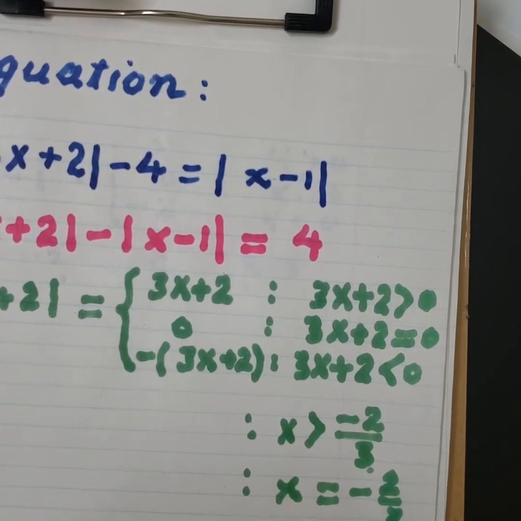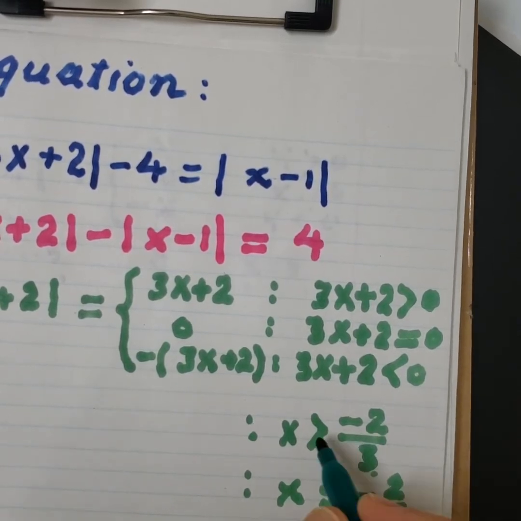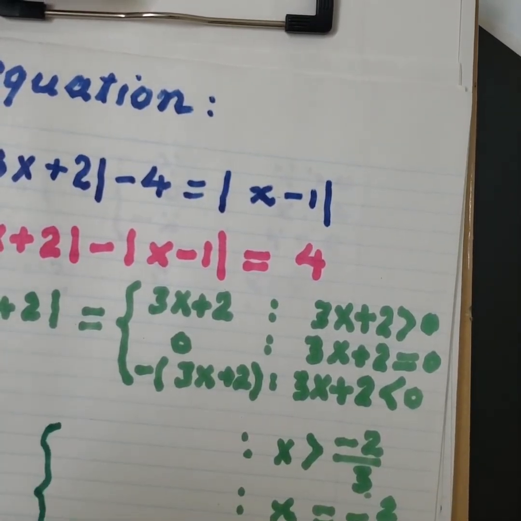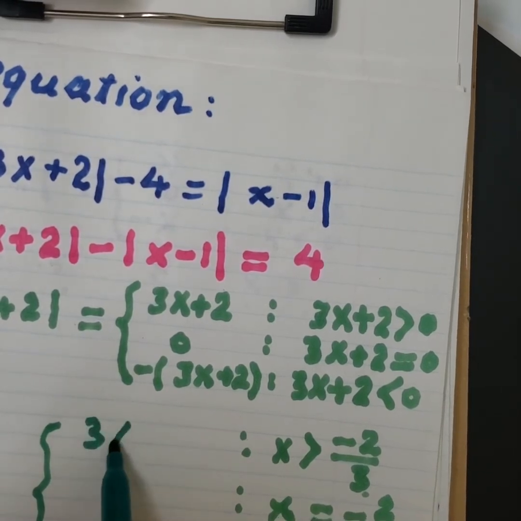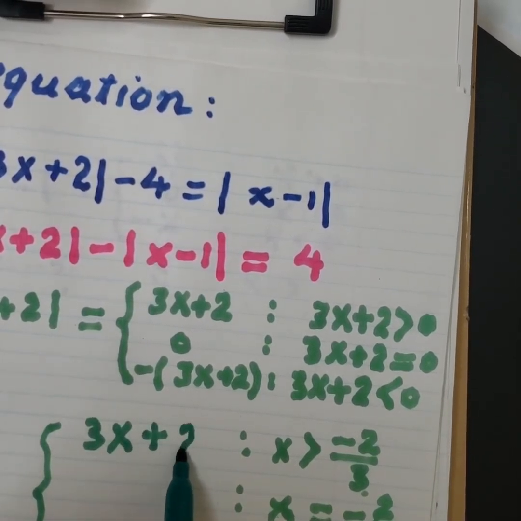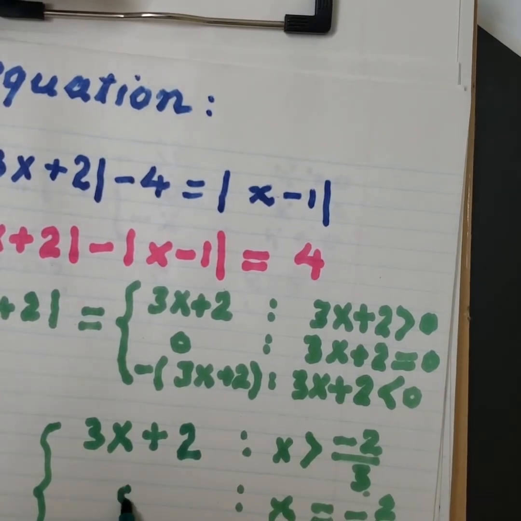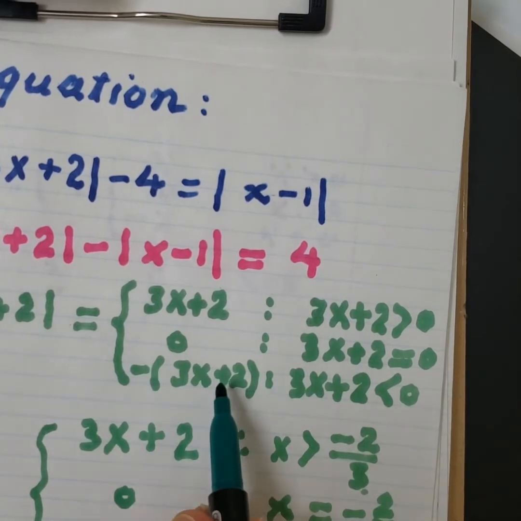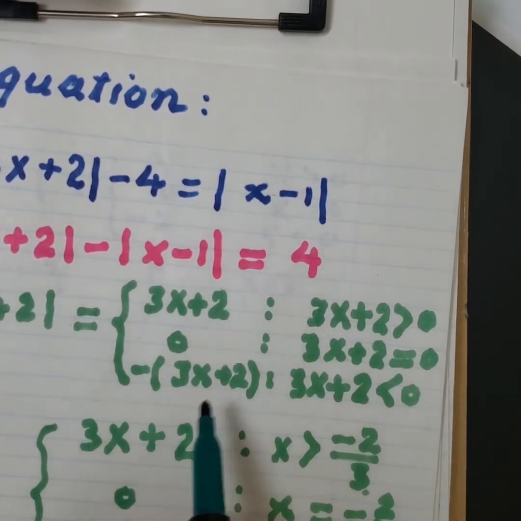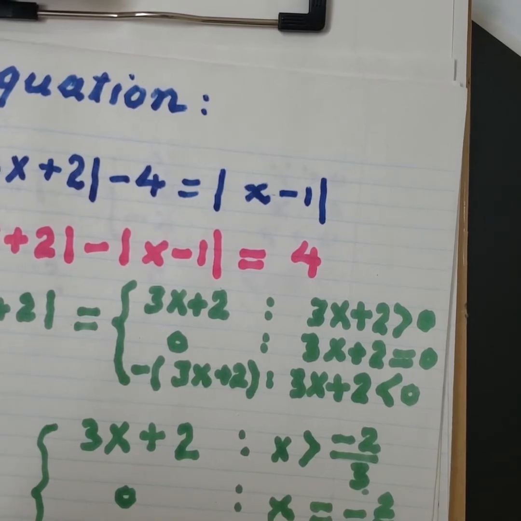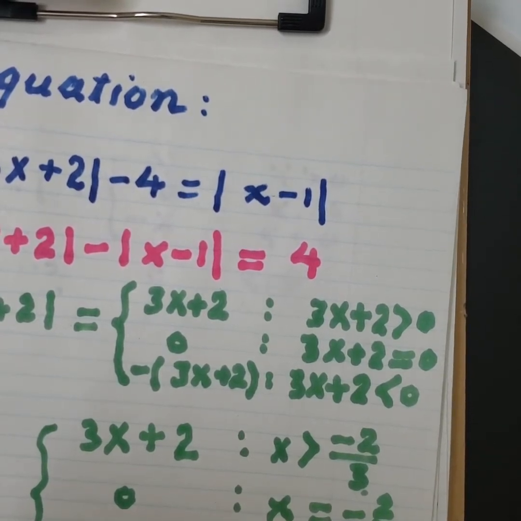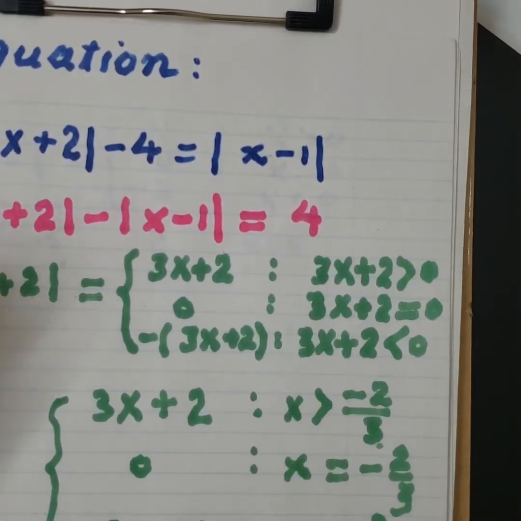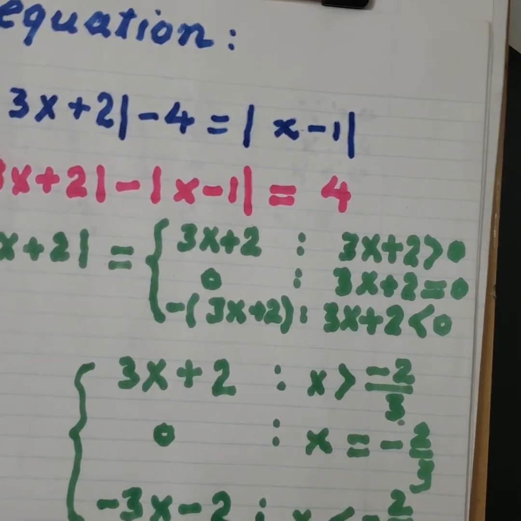These are the same conditions, as you see, each one in front of each case. So the 3 cases are 3x plus 2 for the first condition, 0 for this condition, and when I remove the brackets, I multiply this negative by the inside, so it will be minus 3x minus 2. This is the definition for the absolute value of 3x plus 2.